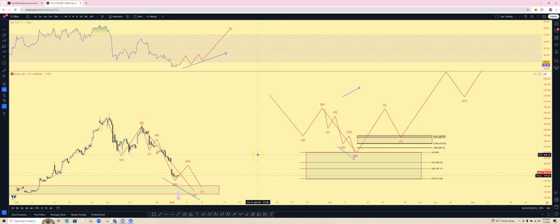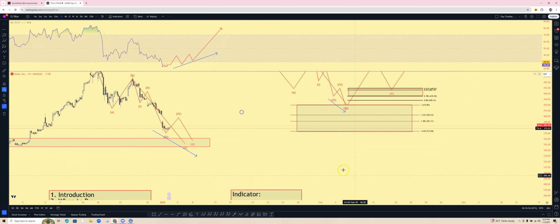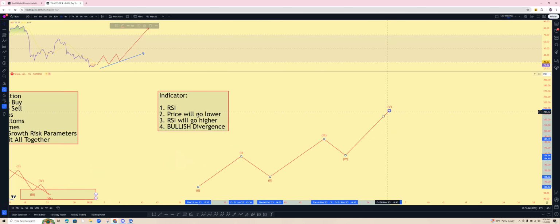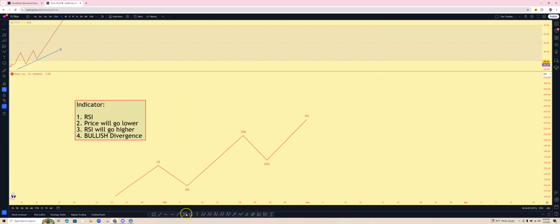Okay, now, again, just like on tops here, for wave 5s, we see a rising wedge pattern, sort of like this, a rising wedge. This is the top of wave 5, so you get 1, 2, 3, 4, 5, and then it breaks down, right?